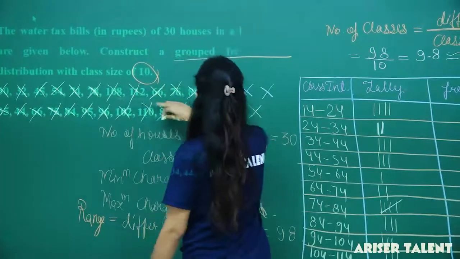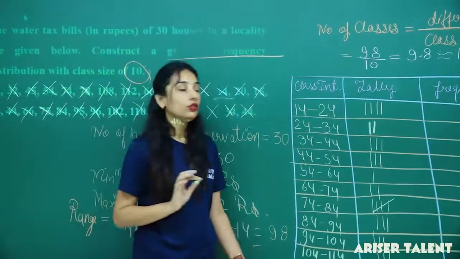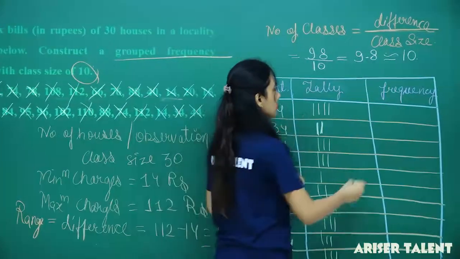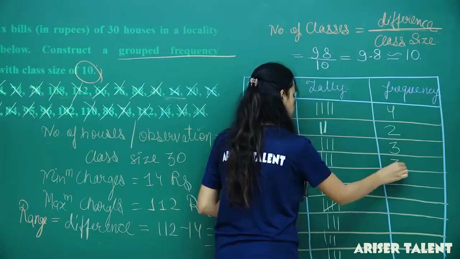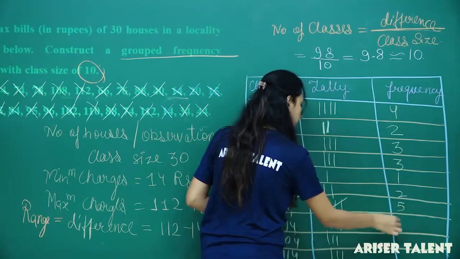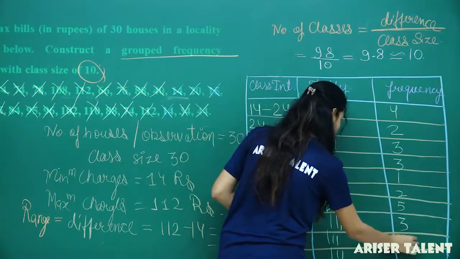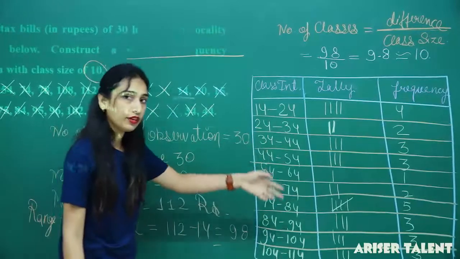Cut, cut, cut, cut, cut, cut. Complete values have been cut. So, now you have 4, then 2, then 3, 3, 1, 2, 5, 3, 3, 3. Now, I have to sum up that frequency column.